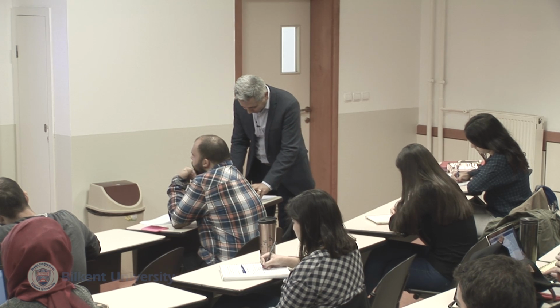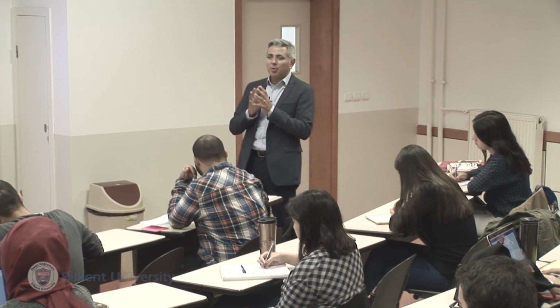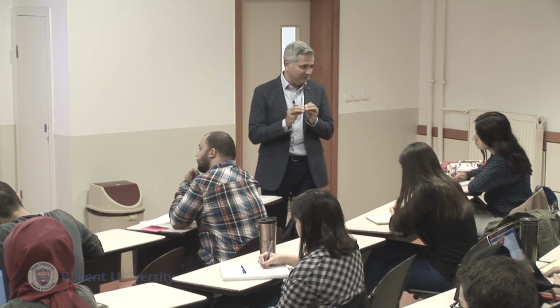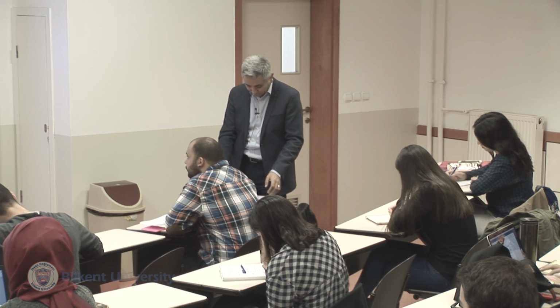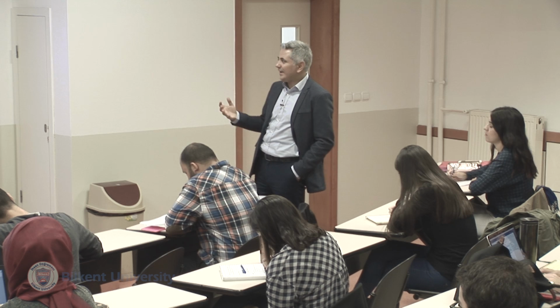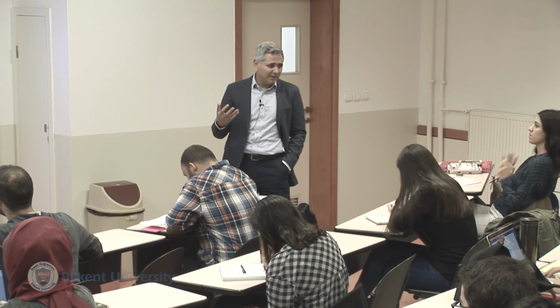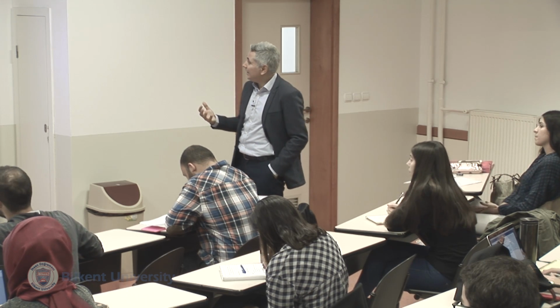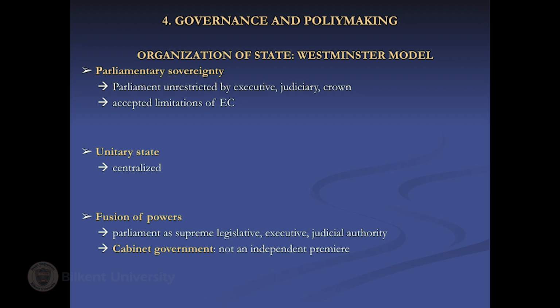By parliamentary sovereignty, the parliament is unrestricted in terms of its legislative powers. It is unrestricted by the executive, by the judiciary, as well as the crown. It's not restricted by the judiciary because there is no constitutional court that says, hey, you can't do that.